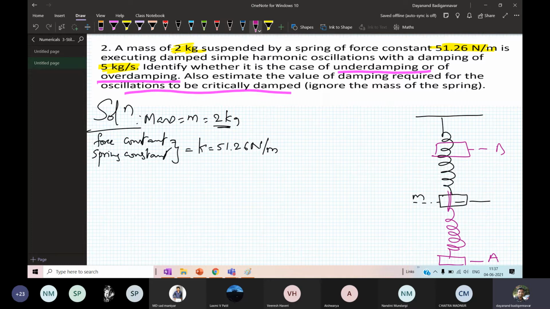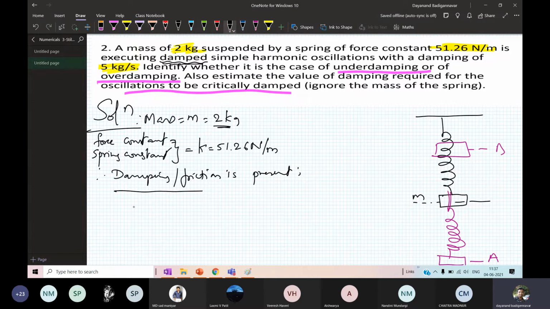Here there is damping present. If you look at the term damped oscillation, that means there is damping or friction present.